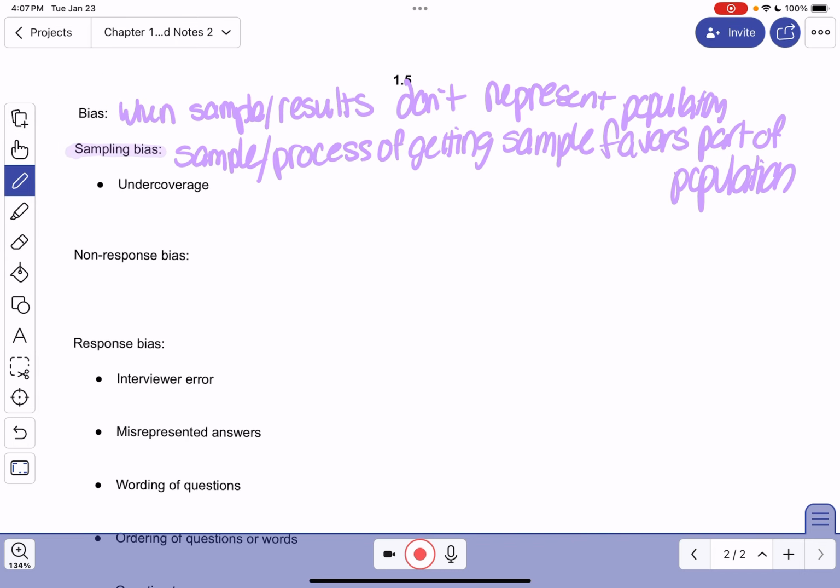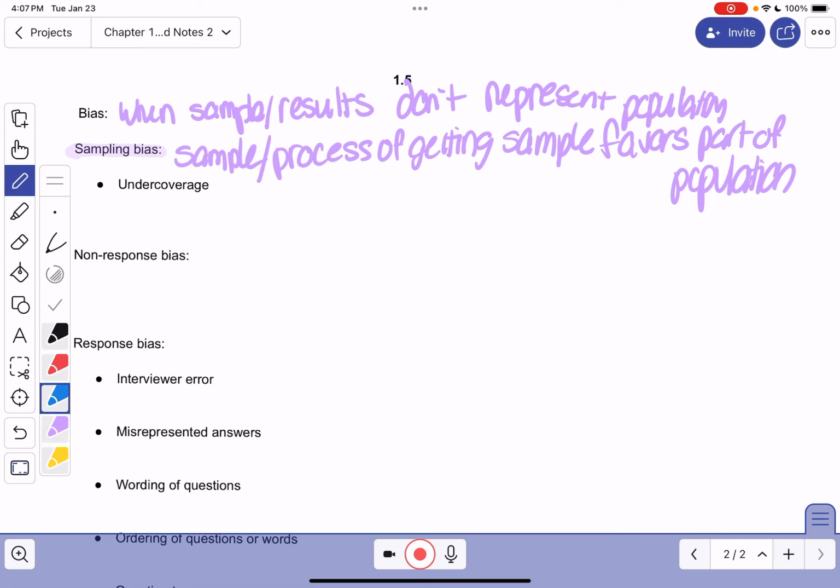So maybe I did a simple random sample at school and I asked 20 kids and somehow 15 out of those 20 kids ended up being freshmen. Even though the sample process was correct, the actual sample itself is biased. It had more freshmen than it should have. Or it could be the process. Maybe I used a convenience sample, and in that convenience sample, I'm favoring a certain group of people.